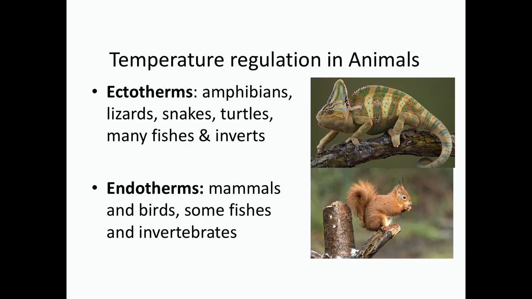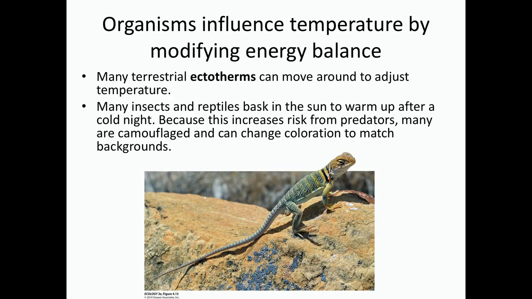So how do ectotherms and endotherms use their different mechanisms for surviving in different climates? First we'll look at ectotherms and then we'll look at endotherms. So ectotherms, again, rely on outside temperature sources to modify their own internal temperature.